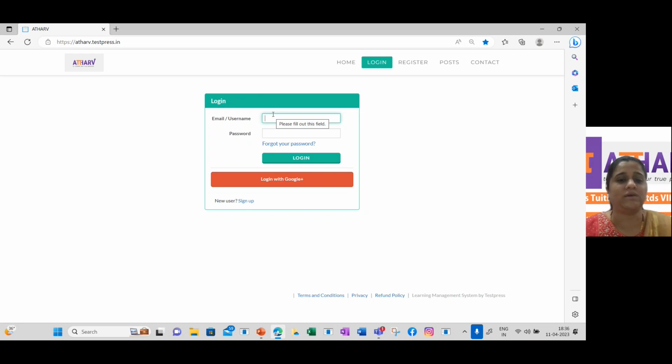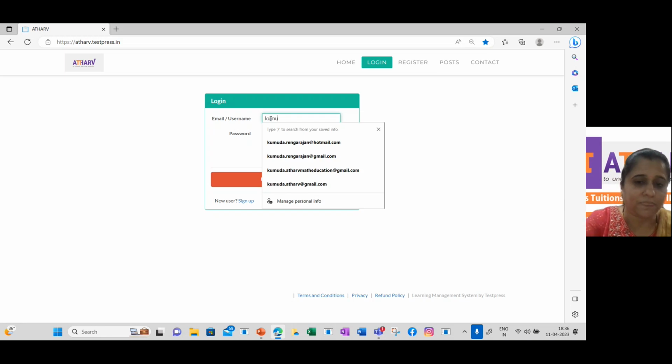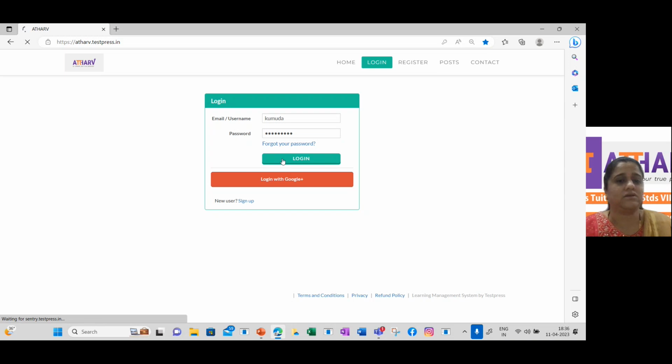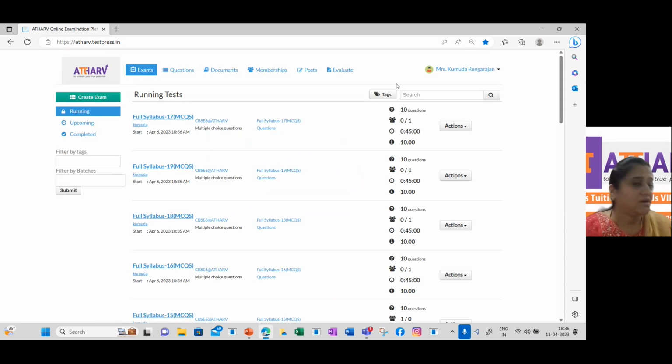Here you have to enter your username and password, which I've given you, but I'll share it again with you. Now I'm entering my username and my password. And I should say just log in. Not log in with Google. Just say log in, and it will bring you to a page like this.